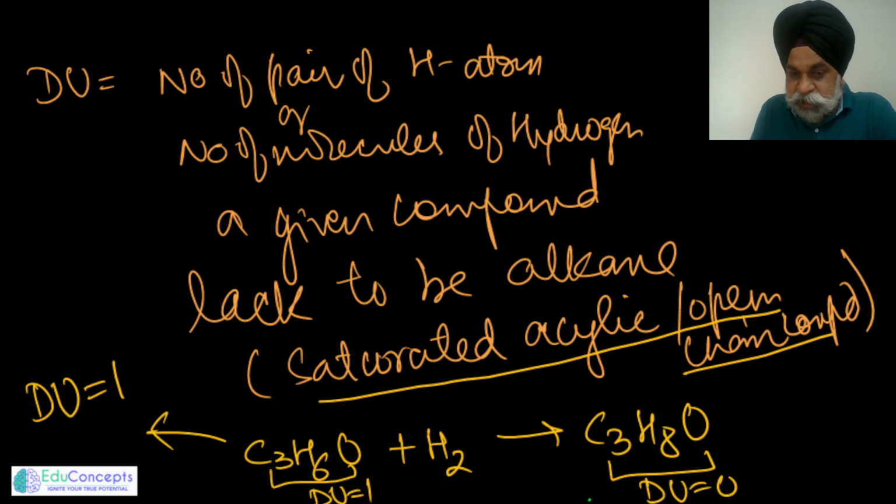So any hydrocarbon which has the tendency of taking one or more pairs of hydrogen atoms, the number of pairs of hydrogen atoms they are taking up, that is what you call the degree of unsaturation of that particular compound.